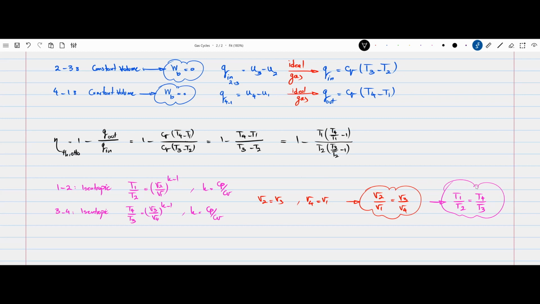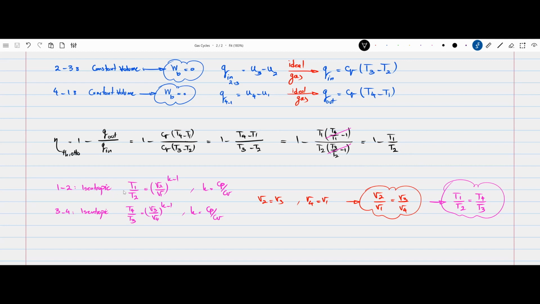Now, if you look at the pink equation, you will realize that the expressions in the parentheses are the same. And so they cancel, and you get 1 minus T1 over T2. This is a very, very good equation, but we can improve it even further.